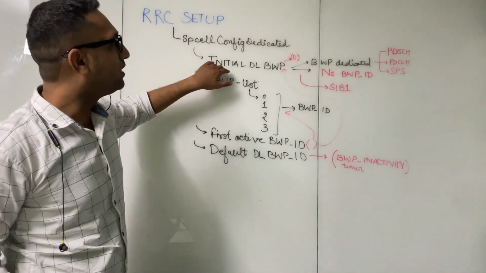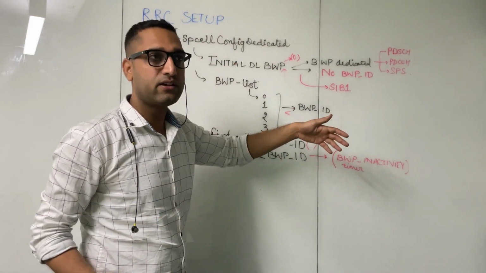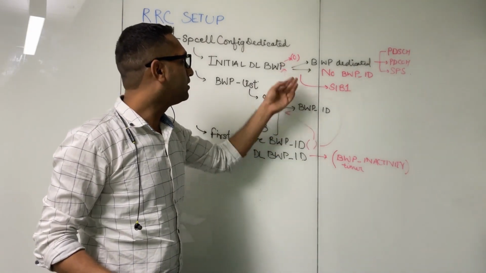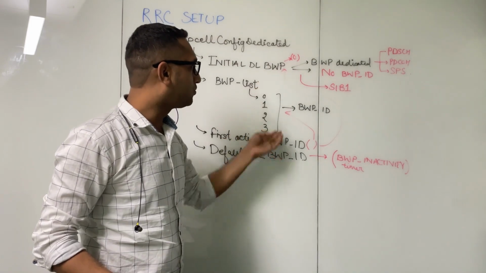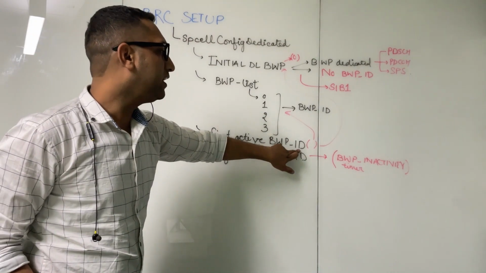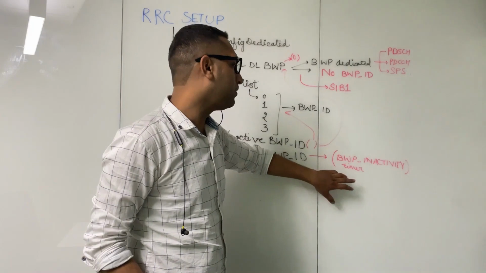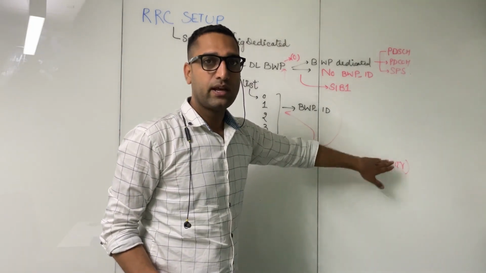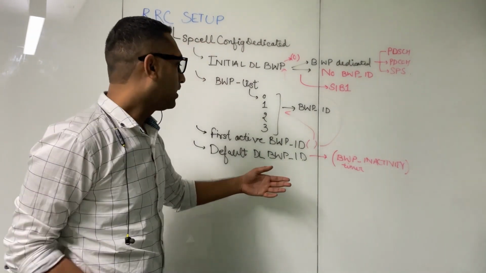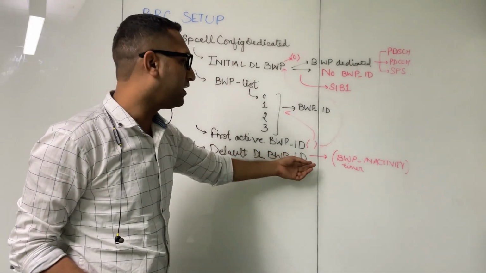So the initial DL BWP is the one where, when you start the cell search procedure or registration, everything happens, and then it can go to these options, and the UE will use the BWP with this ID once reconfiguration is complete. And if at any point BWP inactivity timer expires while the UE was working in a particular BWP dedicated to it, then the UE will move to the DL BWP whose ID is provided here.